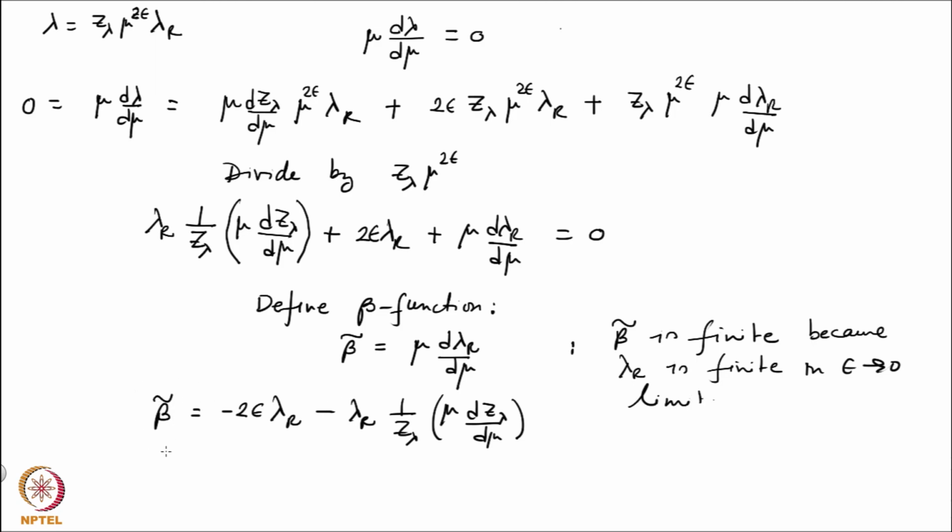Now beta tilde, or the beta function, is finite in the epsilon going to 0 limit. Okay, epsilon goes to 0, so that goes to 0.